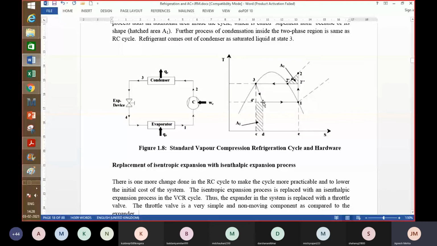this is isenthalpic expansion. At 4, it enters into evaporator. It is a mixture of liquid and vapor. Liquid will absorb heat from the space or product, and it will start boiling. And so the more and more vapor is produced as it absorbs heat. Finally, when it comes out of evaporator, it is dry saturated vapor, and then it goes into the compressor. So this is the standard vapor compression refrigeration cycle.